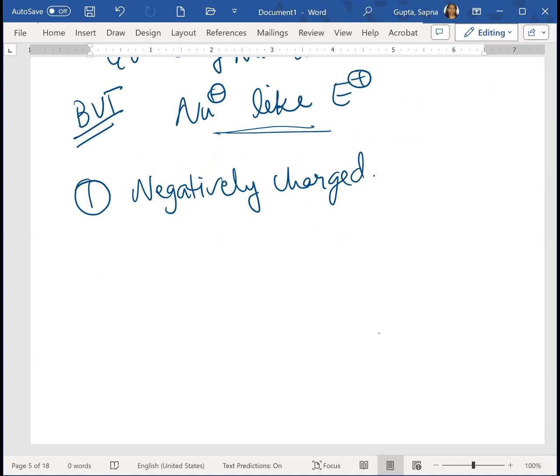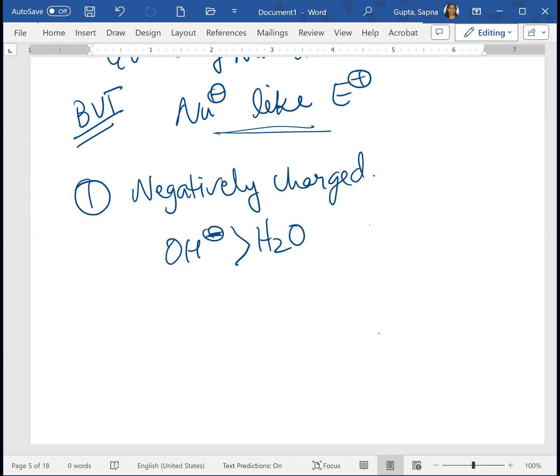For example, if you're looking at hydroxide versus water, remember hydroxide is the conjugate base of water. I'm taking something protonated versus not, which means a conjugate acid-base pair. So if you're comparing hydroxide with water, hydroxide is going to be a better nucleophile because it is more electron rich.